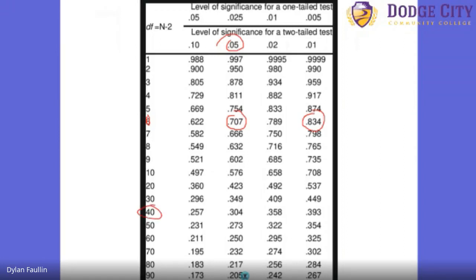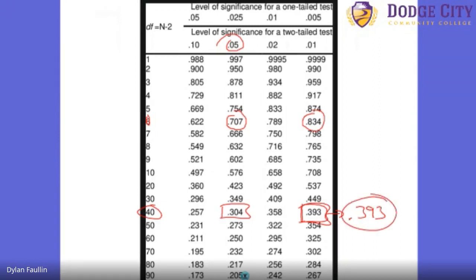Whether we choose alpha as 0.05, which would be this critical value here, or 0.01, our value of r is way below that. Our value of r is 0.09 something. So let's just pick this as our critical value: we'll use 0.393.